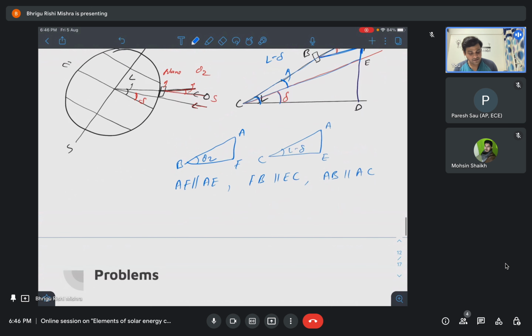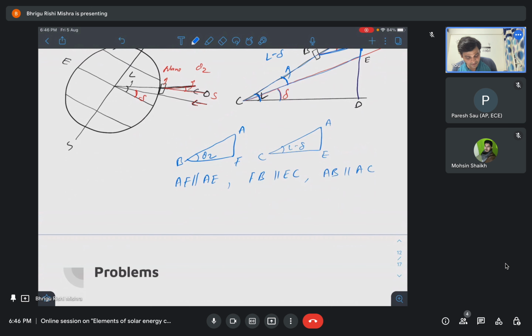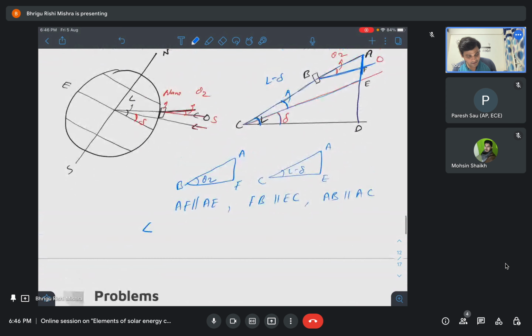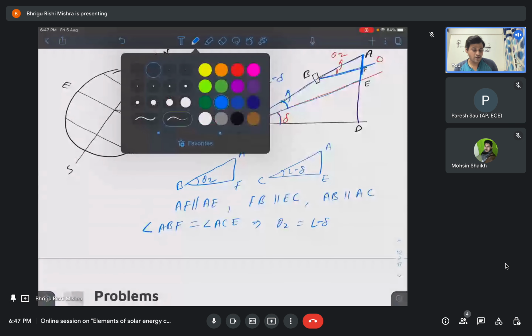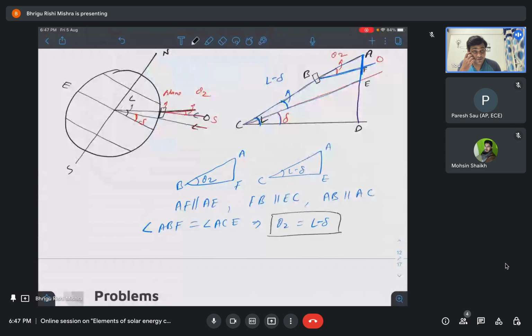So I can say angle ABF equals angle ACE, which is thus theta z equals L minus delta. This is the relation between zenith angle, latitude, and declination angle.